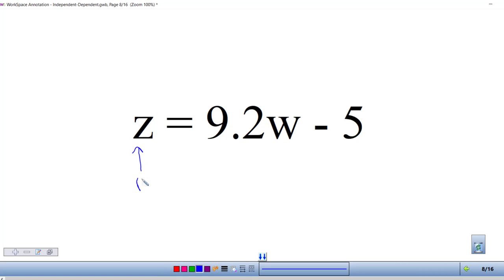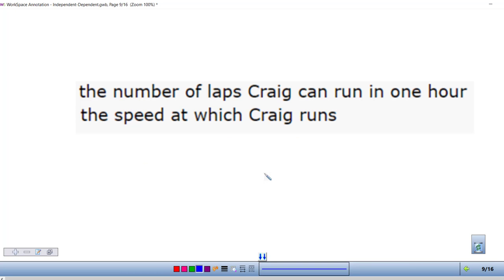Z is our dependent because it's by itself, and W is our independent. The number of laps Craig can run in 1 hour and the speed at which Craig runs. Craig has to decide how fast he's running first, that's independent, and how many laps he runs depends on how fast he's going.